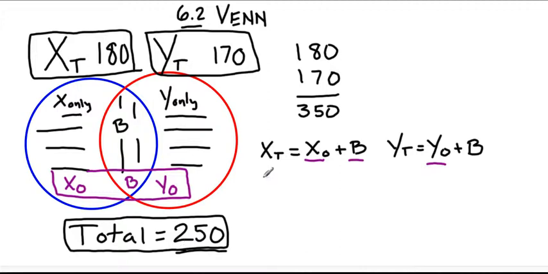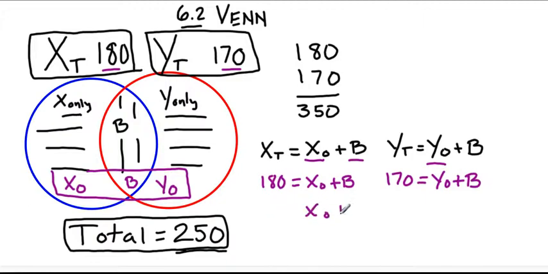Well, they gave me 180 and 170. So how am I going to find this out? Actually pretty simple. I know that 180 is equal to X only plus both. And I know that 170 is equal to Y only plus both. And I know that X only plus both plus Y only is equal to 250.